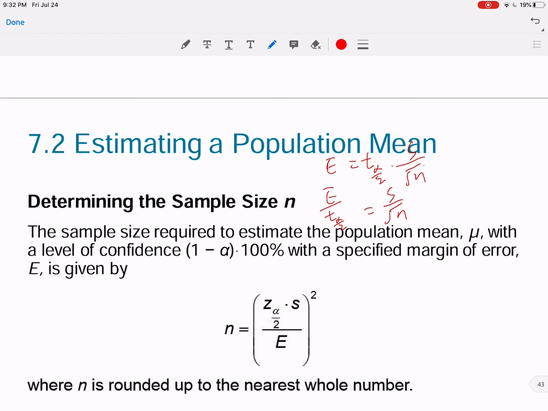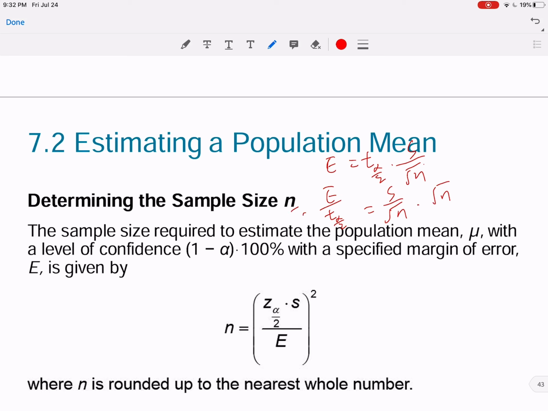And then we want to multiply by square root of n to get rid of the square root of n from the bottom of the fraction. So we're going to have square root of n times E over t sub half alpha is equal to the sample standard deviation. And then we isolate the n term. Square root of n is equal to s divided by this fraction here.